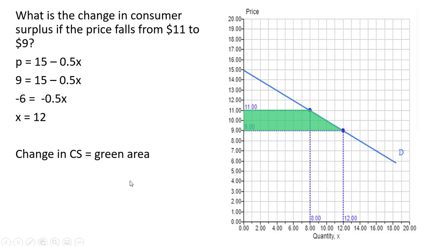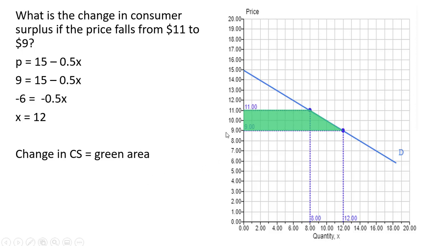So the change in consumer surplus is going to be the green area right here. The consumer is getting $2 of additional consumer surplus on the first 8 units, and then the consumer is buying 4 more units with some additional consumer surplus on those additional 4 units.